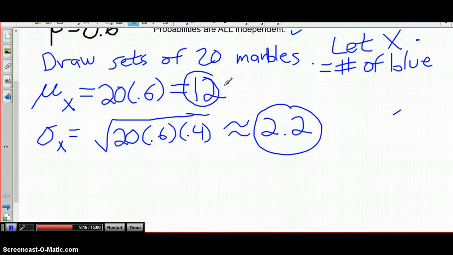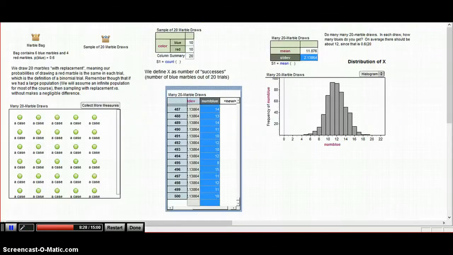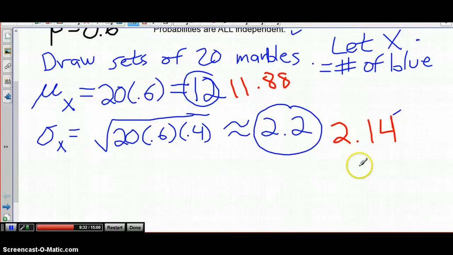So we got an experimental mean of 11.88 and a standard deviation of 2.14. Very close to 12 and 2.2, and again, they're not exactly the same, but that's what these formulas give us.